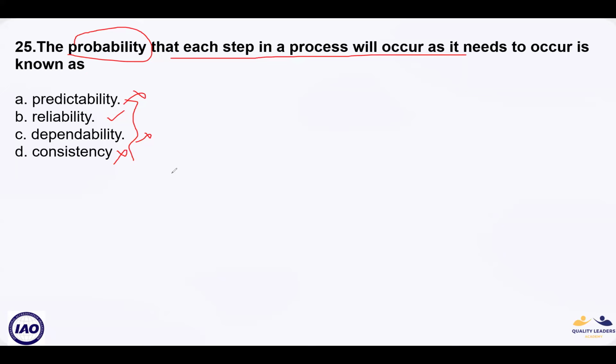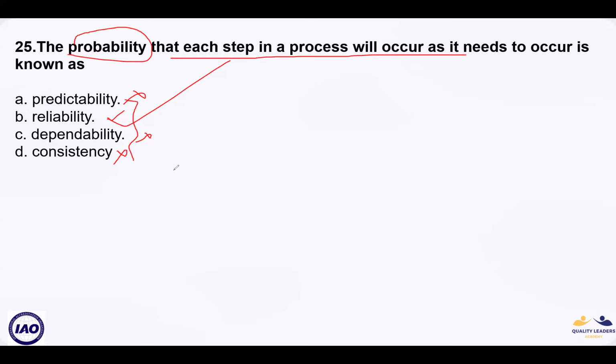The correct answer is B, reliability. You see, reliability means, for example, a surgical safety checklist has many steps, right?